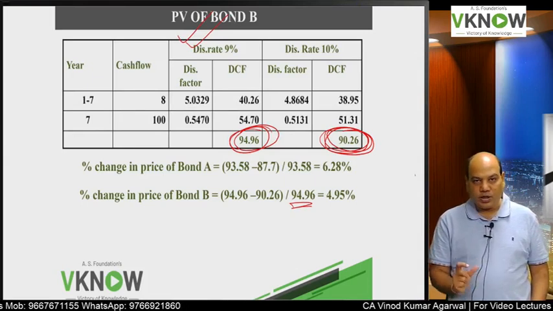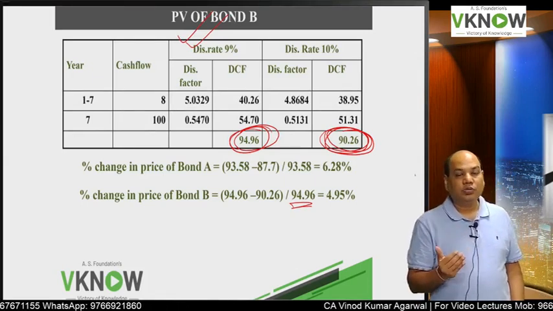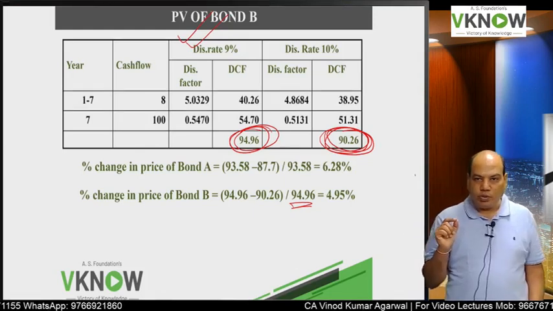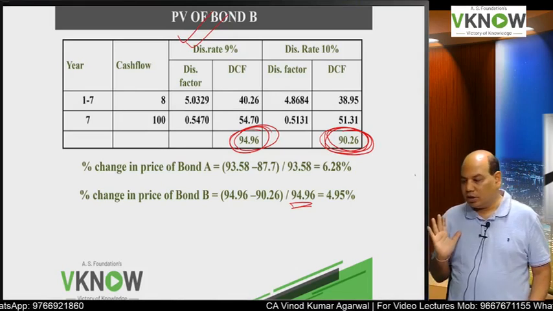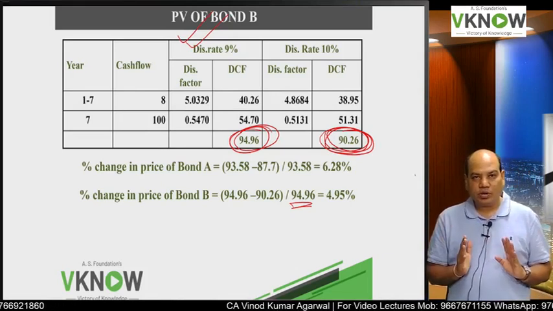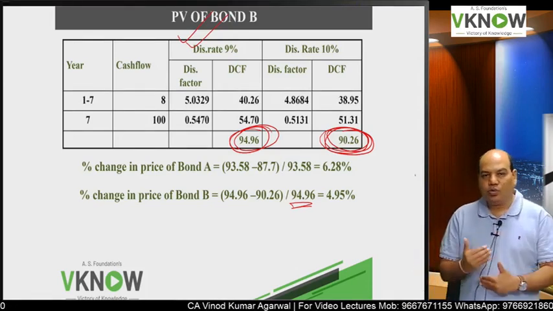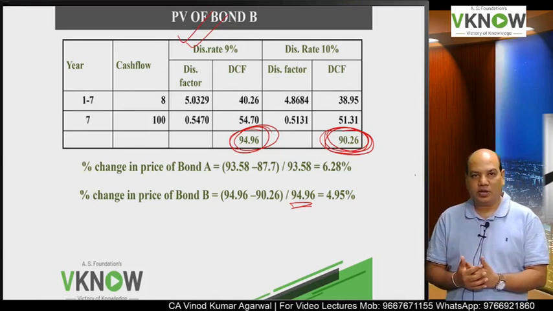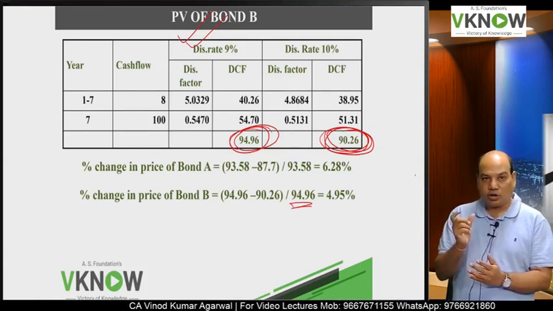The proof is that if a bond has longer term to maturity, it will be more price sensitive for a given change in YTM. That is why we say long term bonds are riskier. If the YTM changes, their value will change by a higher percentage. Of course, there is an advantage also in long term bond.